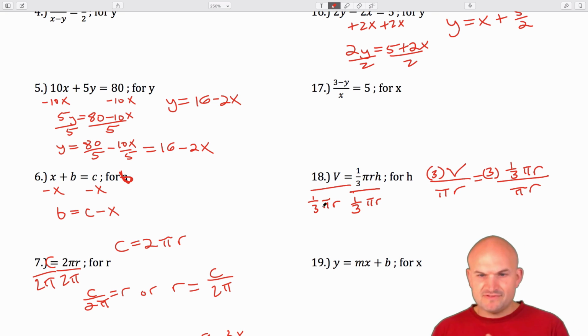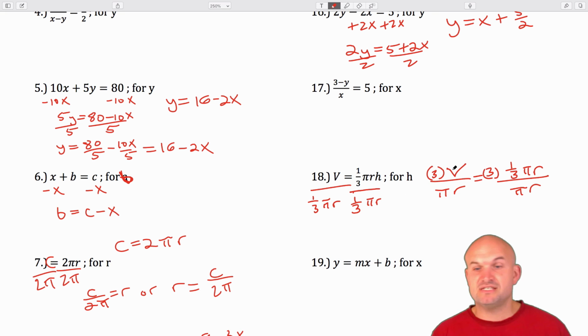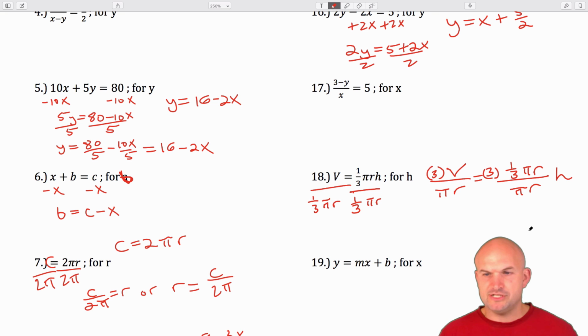So instead of dividing by 1/3 on both sides, I'm going to multiply by 3. Multiplying by the reciprocal is the same thing as dividing by the fraction. And therefore, what happens here is those go to 1, those divide out, and we're just left with our h. So if I write the h first, I'm going to have 3v divided by pi r.